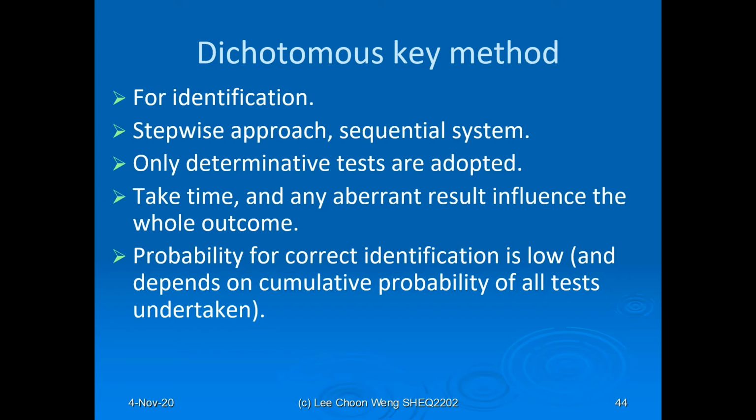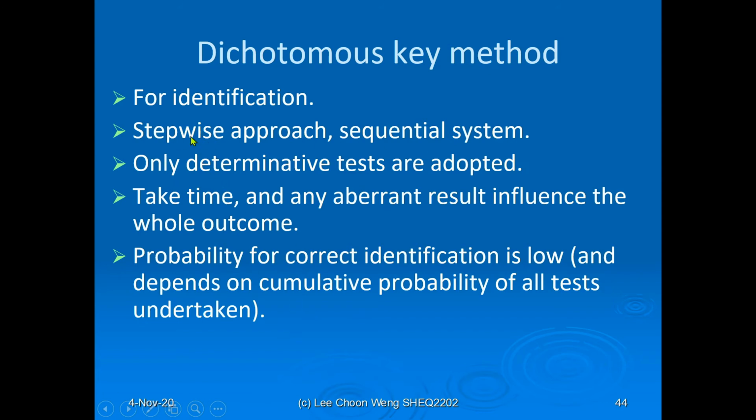When we are using biochemical test methods, there are two approaches that we can use. One is the dichotomous key method. The other is the blunderbuss approach. The dichotomous approach is mostly for identification. It is a stepwise sequential system, and only determinative tests are adopted.